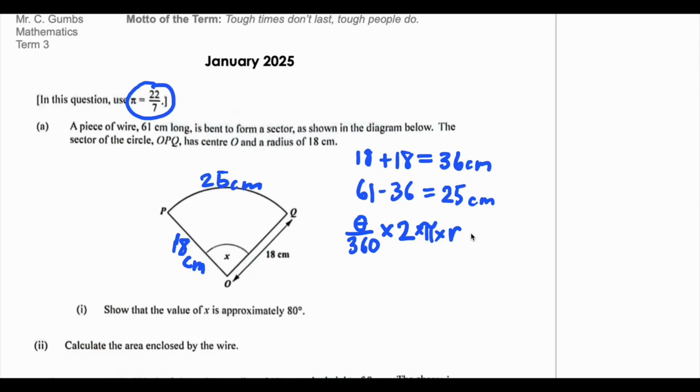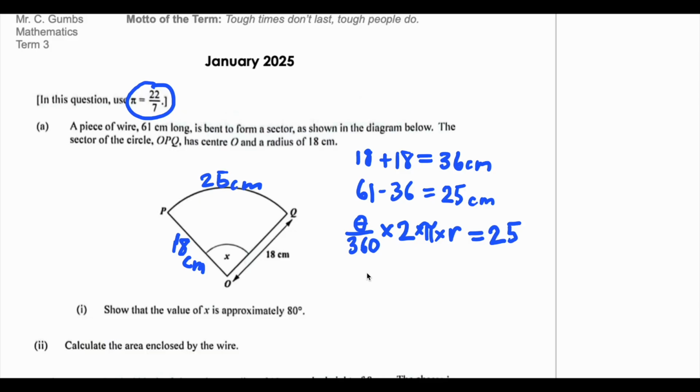Again, they told us here what the pi is equal to. We know that this is equal to the arc length, and they gave us the arc length, or we worked it out rather, which is 25 centimeters. Our goal now is to get theta by itself, so let's try to break this down.